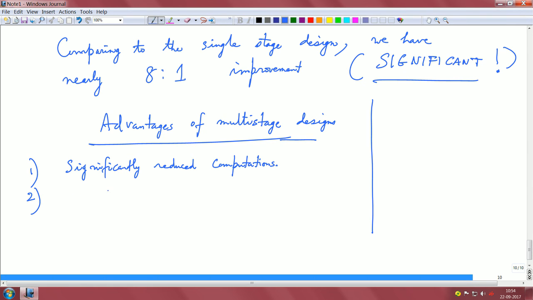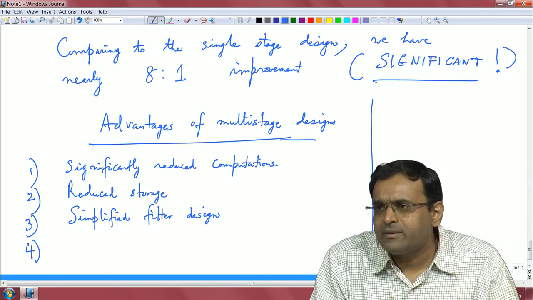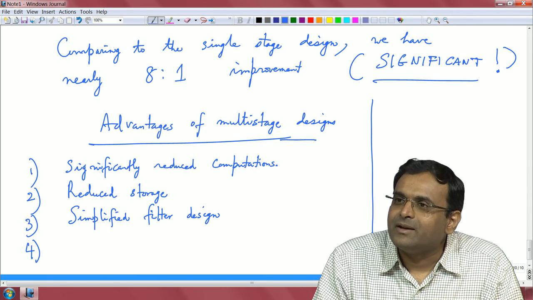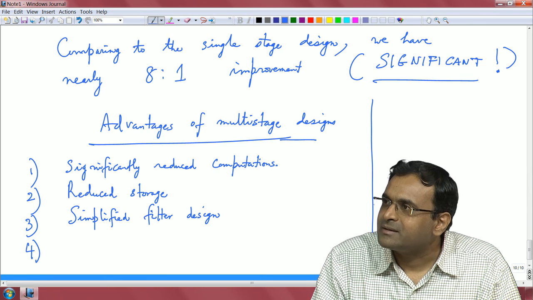Then the filter taps are also less, right, because the order is less. So, therefore, it is reduced storage. Then our filter design is also simplified. And I think one of the most important things that people often ignore is you never have floating point when you think about implementation, it is fixed point.